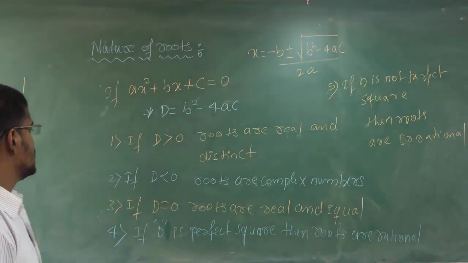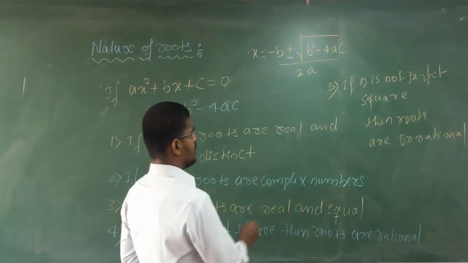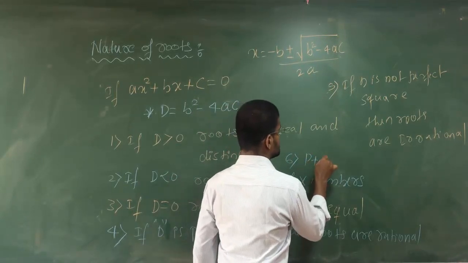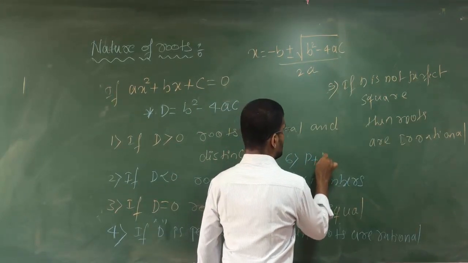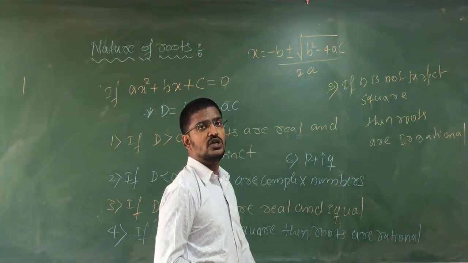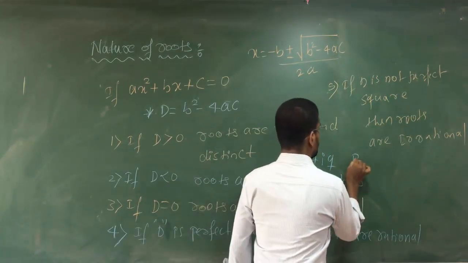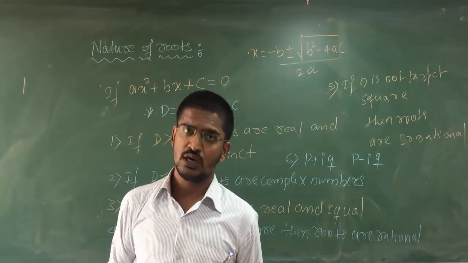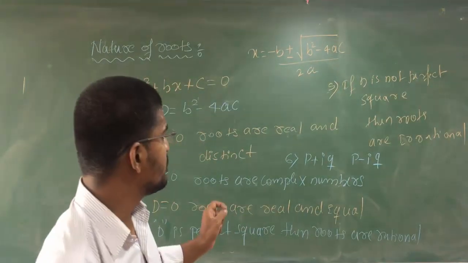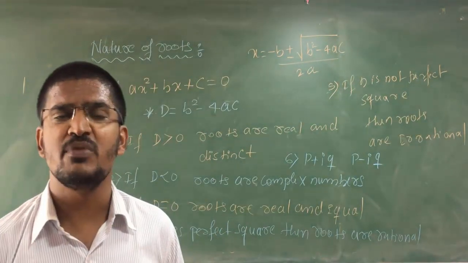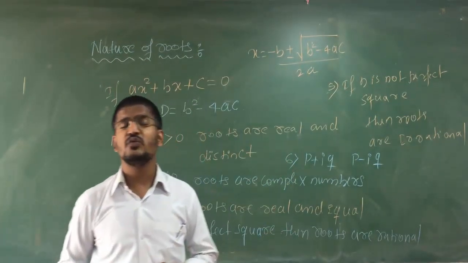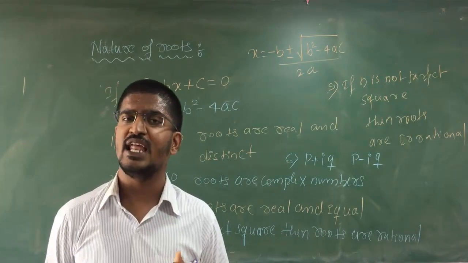Clear, students? Next, please remember sixth one, that is P plus iQ is one of the root, then P minus iQ will be also the root. Please remember, if P plus iQ, that is complex number, is your root, means P minus iQ also will be the root of your particular equation.